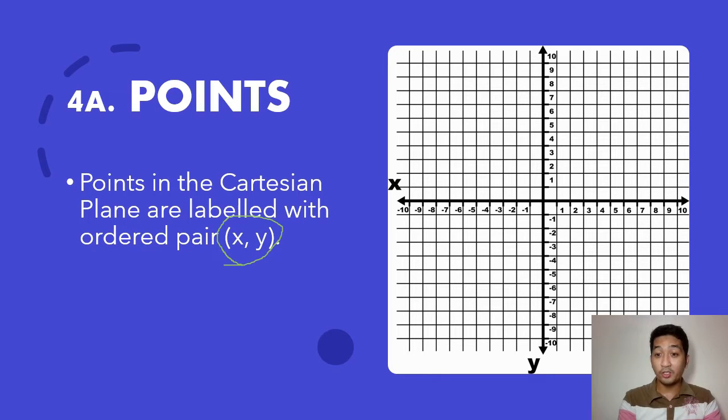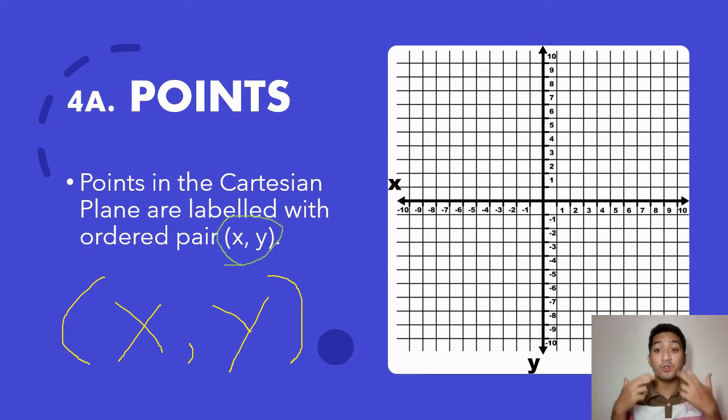When you write an ordered pair, you always enclose it with parentheses, and inside of it, you write the x value, comma, the y value. That is how you write or represent a point in a Cartesian plane. The x value and then the y value separated by a comma and closed by parentheses. So that's how you write a point.